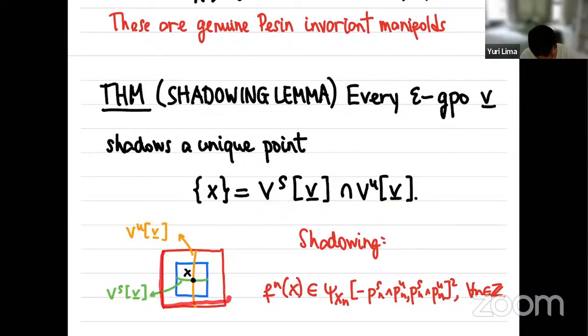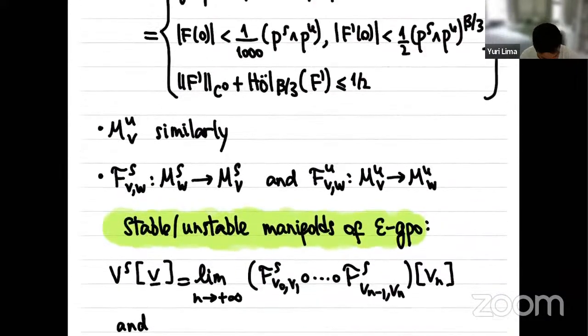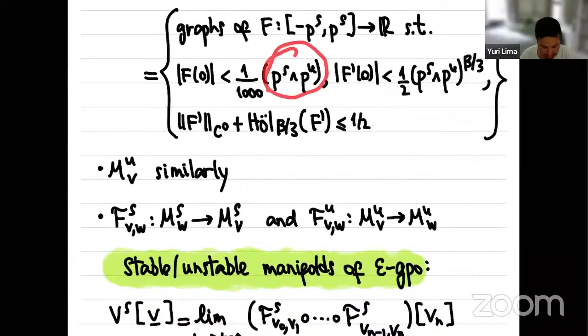The unstable manifold will be drawn in the scale of PU, so it is an almost vertical curve with size more or less of the order PU. And the stable is an almost horizontal curve with size more or less PS. And you see, I require that these two, at the zeroth position, are very close to 0 with respect, let me come back here, to the infimum of these parameters.